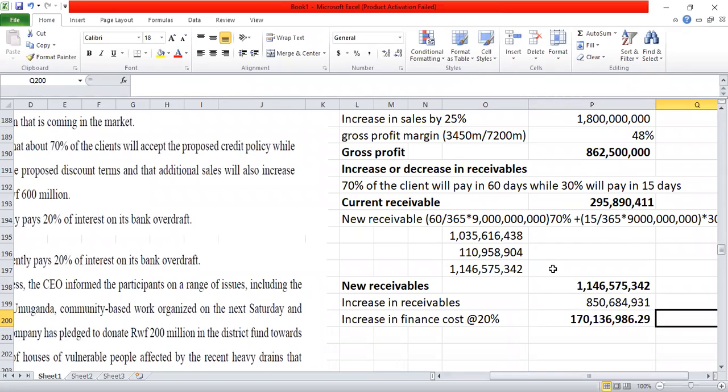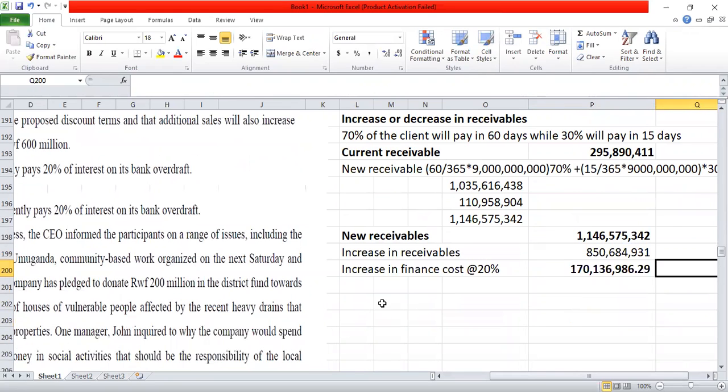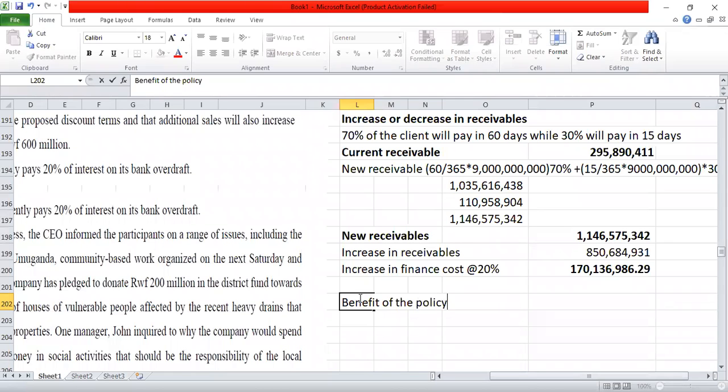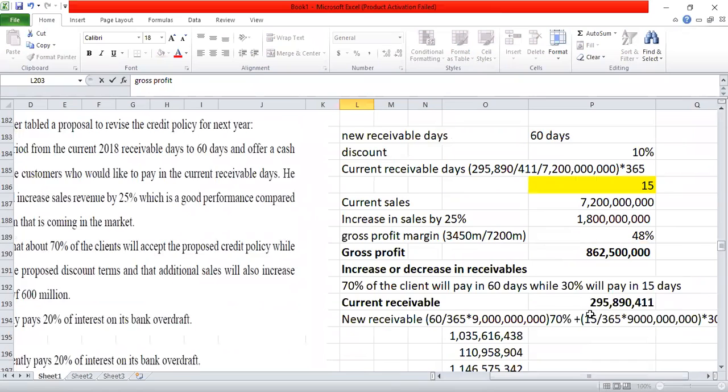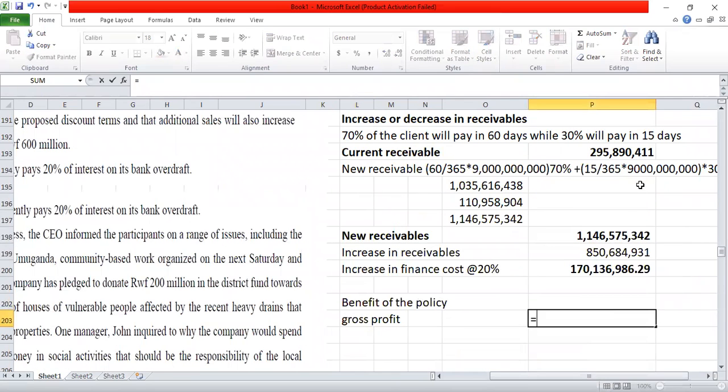Then if I come to the benefits of the policy, what I have is the gross profit margin, which we got as our gross profit, which is this.